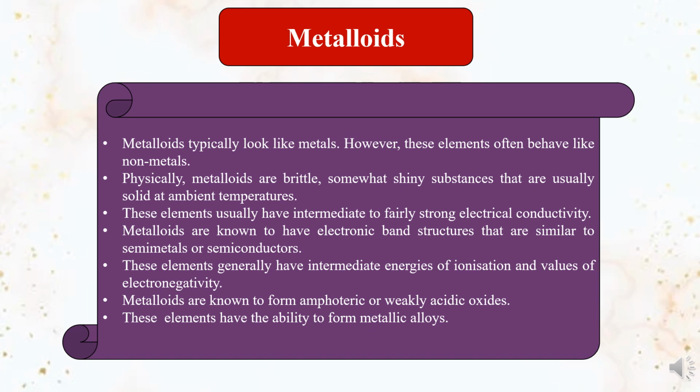And some medical applications of metalloids: each and every one of the six elements that are widely known as metalloids is known to be either toxic or to have medicinal and nutritional properties. For example, compounds of antimony and arsenic are known to be especially toxic. However, boron, arsenic, and silicon are extremely important trace elements.